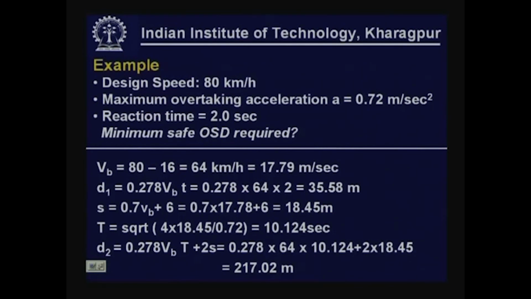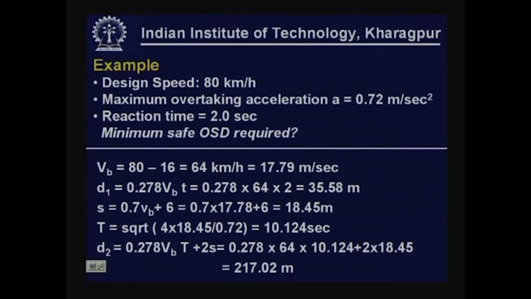If you convert it into meter per second, it is 17.79 meter per second. Therefore, d1 is Vb into t if we use 17.79 meter per second, or it is 0.278 Vb into t if the speed is expressed in kilometer per hour. So, you get the distance d1.